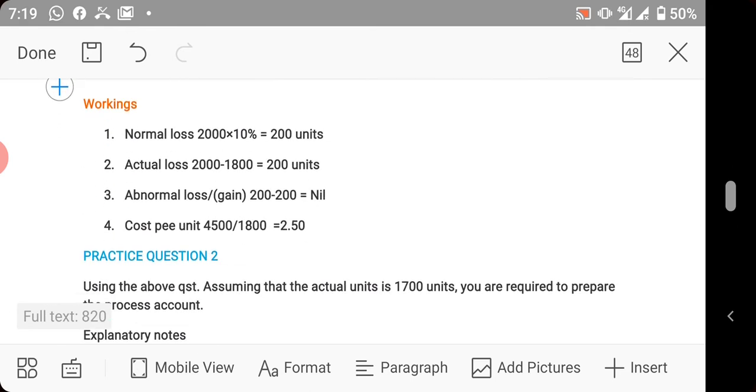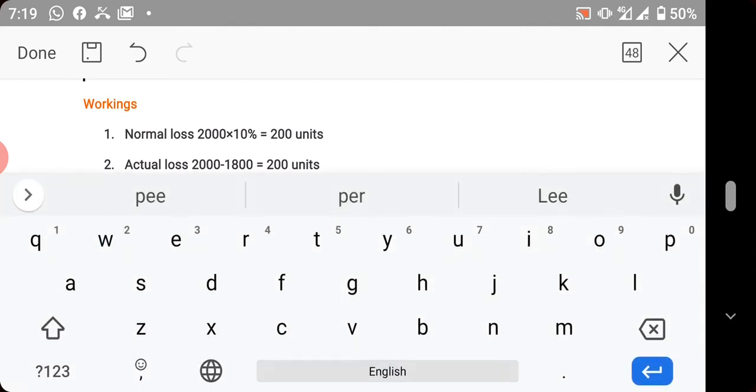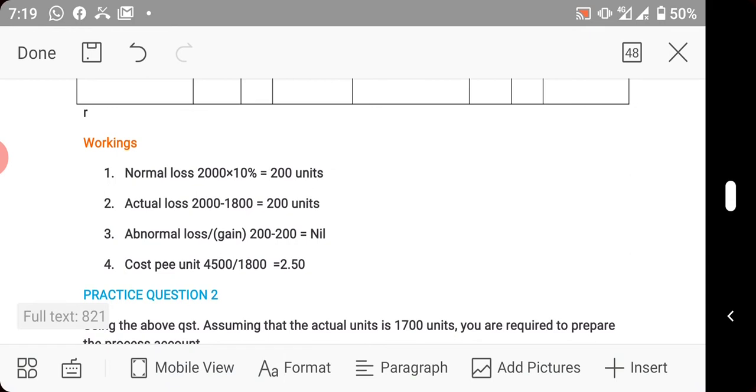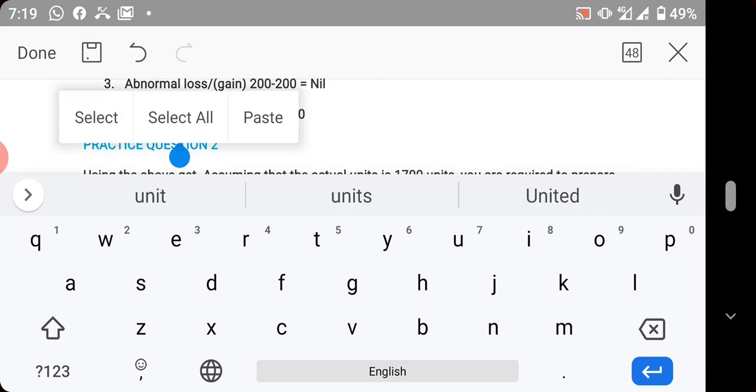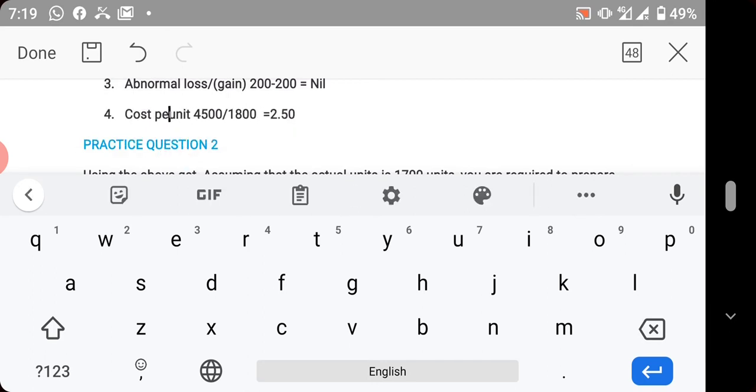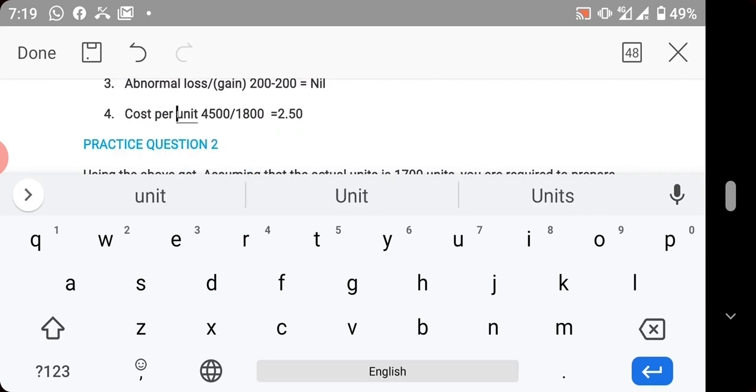Therefore, we now calculate our cost per unit. Our cost per unit will now be 4,500 divided by 1,800, and that will give us 2.50.